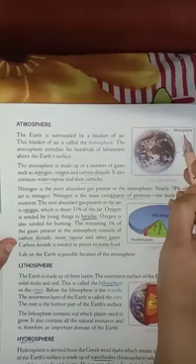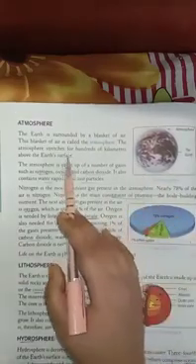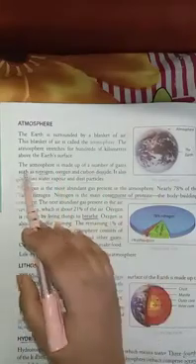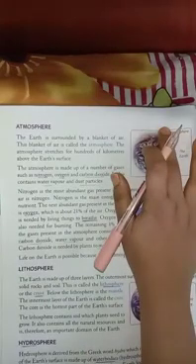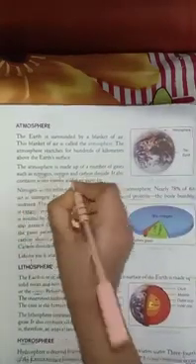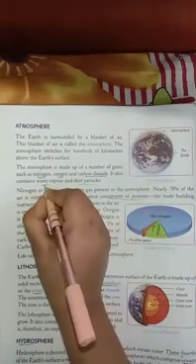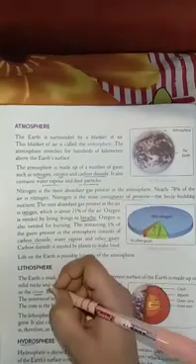The atmosphere stretches for hundreds of kilometers above the earth's surface. It is made up of a number of gases such as nitrogen, oxygen, carbon dioxide, and it also contains water vapor and dust particles.